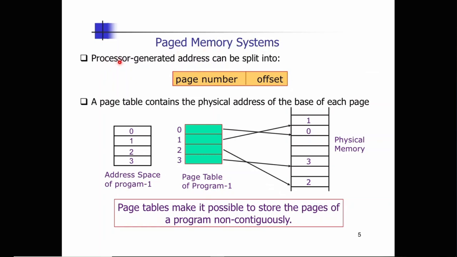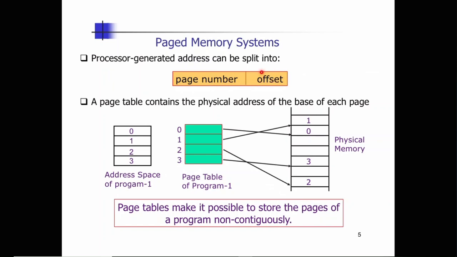A processor or CPU generated address, when interacting with a page-based memory system, has two parts. It has a page number and it has an offset. The reason for a page number is different from the reason for a page offset.